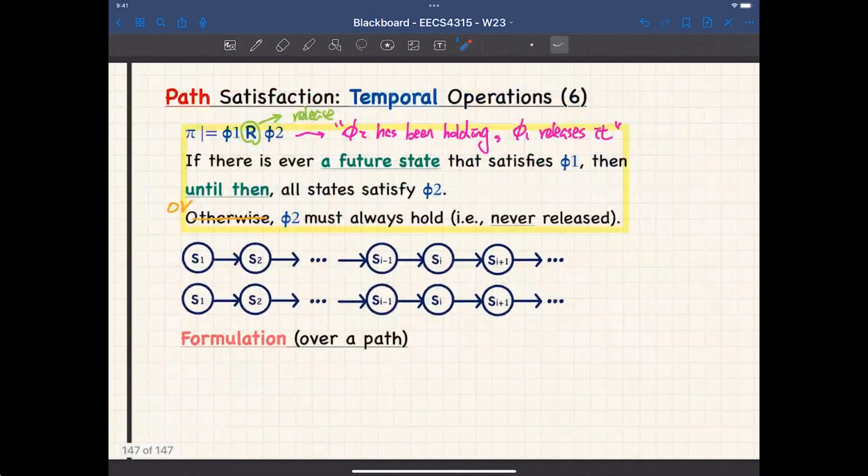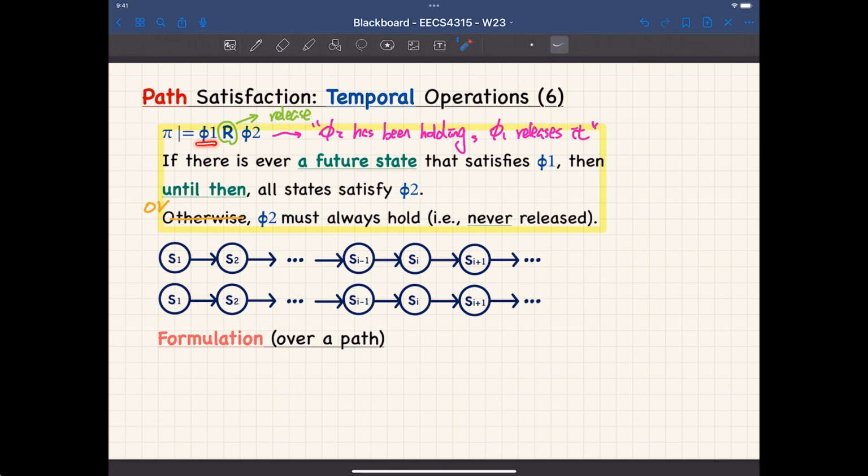And this one says that phi 1 is going to release phi 2 being true. It's like a dual, yes. But to really specify the dual relationship is a bit complicated. You would have to study quite a bit of negation. Let's not get there. That's too complicated for now.